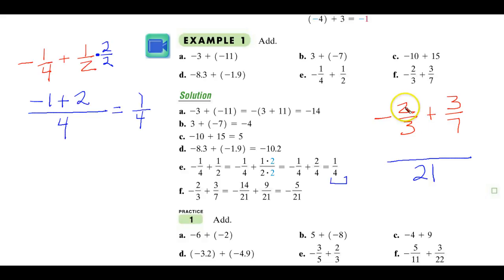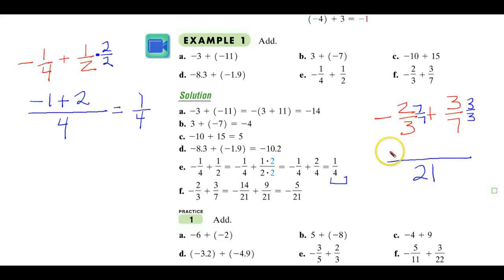I'm allowed to multiply this by a 1, but in what form, so that I get a 21 from my denominator? And if you said 7 over 7, that is correct. And this one, to make it a 21, what form of 1? A 3 over 3.